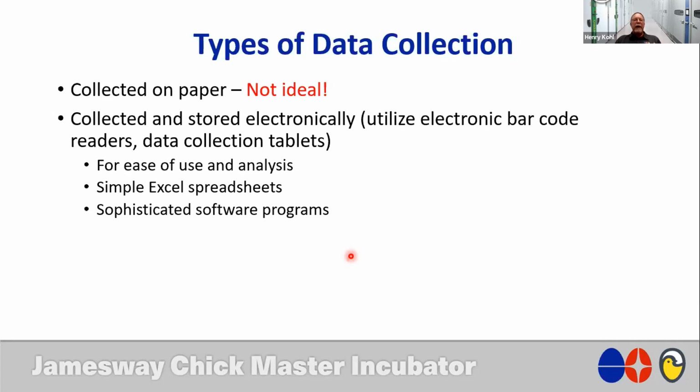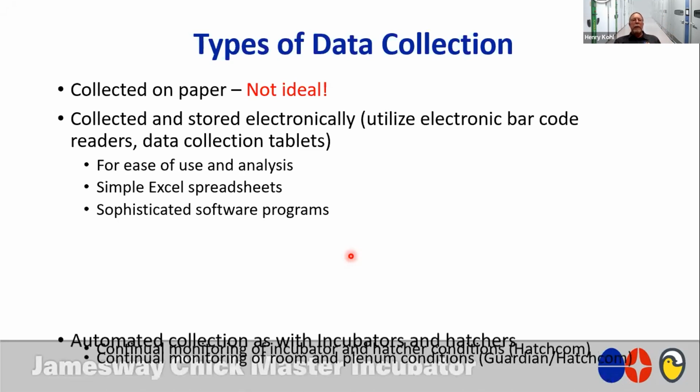We can put this data into Excel spreadsheets. We can print off some pretty graphs. We can get into more sophisticated software programs. There's a lot of things we can do with the data once it's in an electronic format that you cannot do on a paper format.